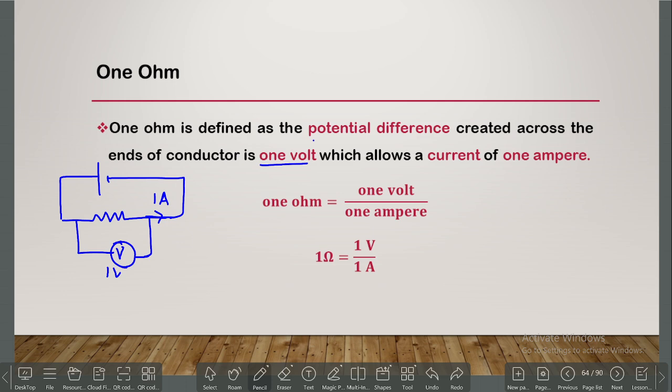In symbols, 1 ohm is equal to 1 V by 1 A.